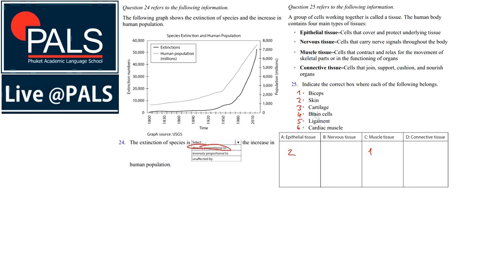Cartilage is the tissue that joins and cushions our bones, so therefore it's connective tissue. Brain cells are obviously nerve cells. Ligaments, similar to cartilage, join muscles to bones, so it's connective tissue.